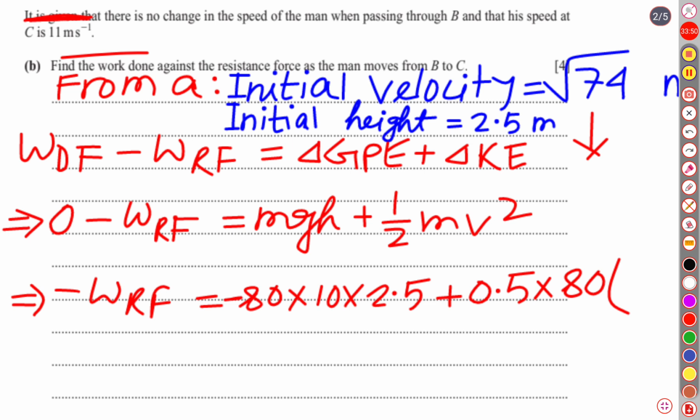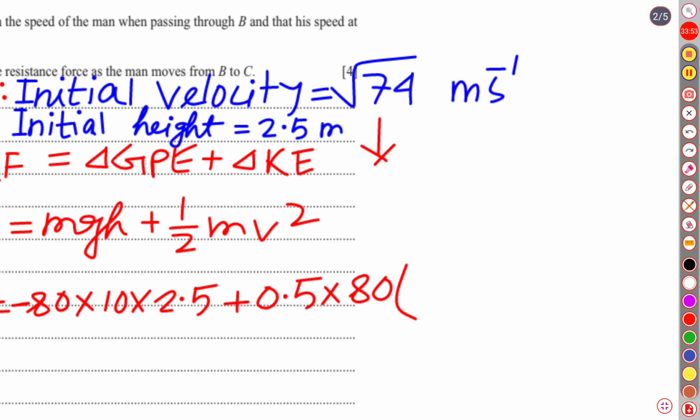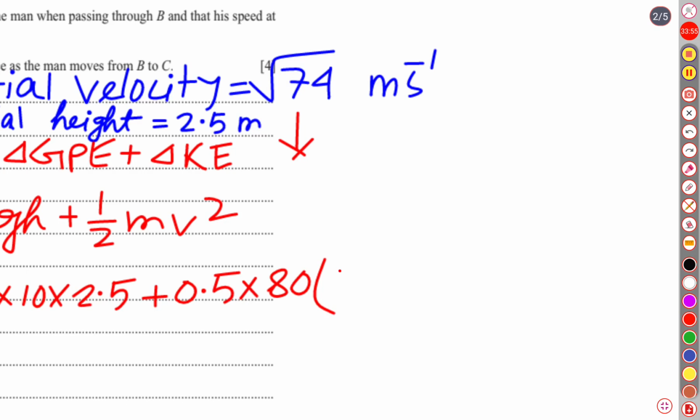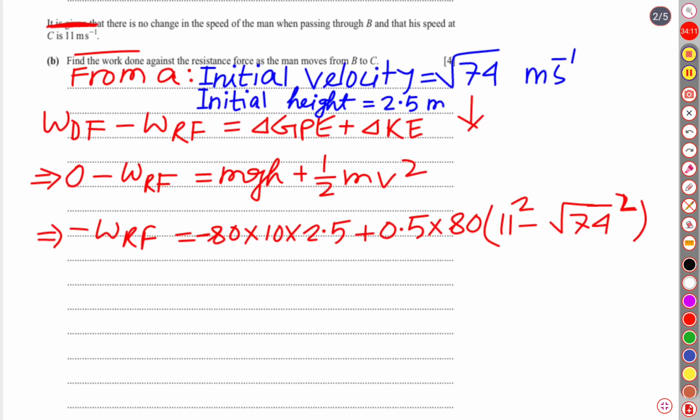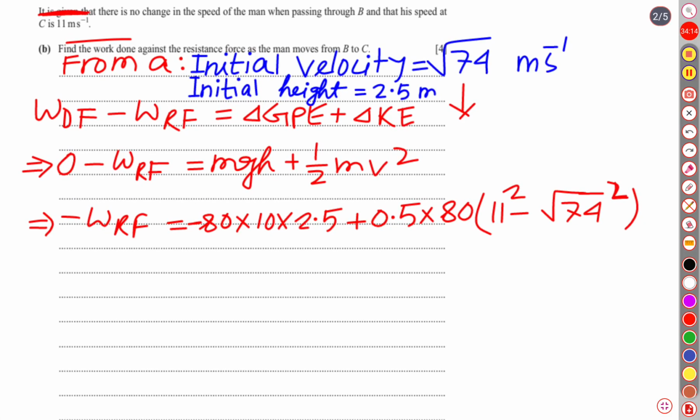So that is 11 squared minus square root over 74 squared. Remember, velocity v squared means final velocity squared minus initial velocity squared. So v squared doesn't mean just any v squared, and as with height, these are actually differences between the final and initial values.